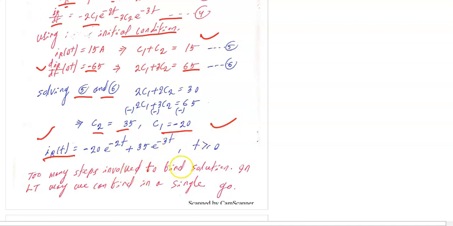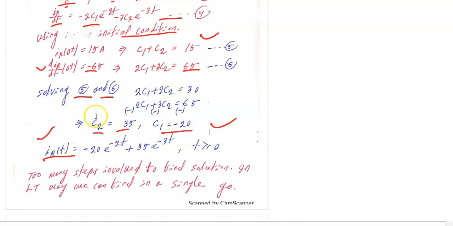Too many steps are involved to find the solution. In the Laplace transform we can find it in a single go, but this is a very simple one, that's why we could do it easily. But sometimes you have underdamped systems, so at that time you will have e^(-at) with cos bt and, in the same way, sin bt involved. So sometimes it takes longer time, but the procedure is very simple.